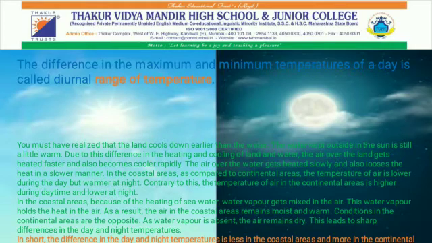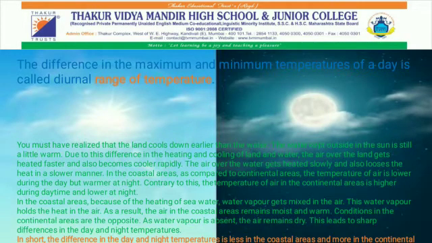So in the coastal areas as compared to the continental areas, the temperature of air is lower during the day but warmer at night. Contrary to this, the temperature of air in the continental areas is higher during daytime and lower at night. This I had explained to you.